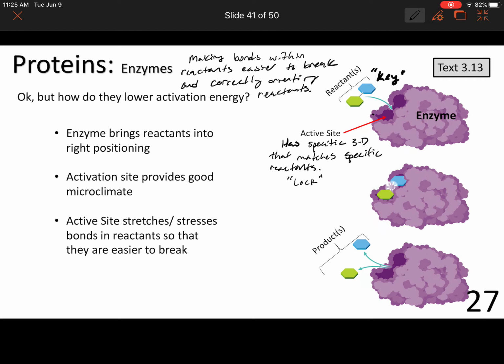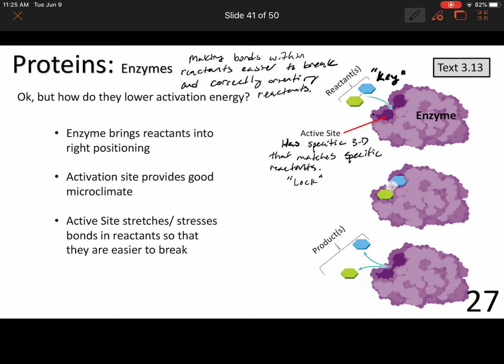In a way, the active site is like a lock. A lock has a specific indentation in metal that fits a certain key, and the reactants are like the key that fits this lock.